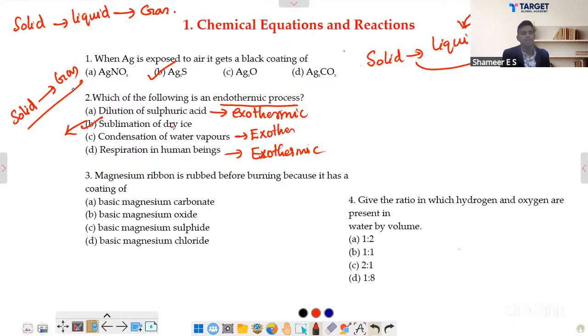Okay, next. Magnesium ribbon is rubbed before burning because it has a coating of basic magnesium carbonate, basic magnesium oxide, basic magnesium sulfide, basic magnesium chloride. Which is the answer? Anyone?